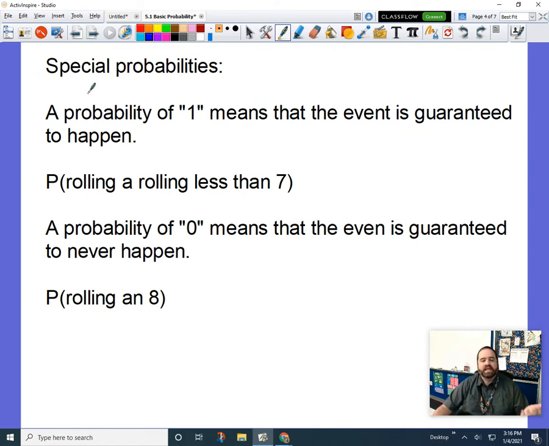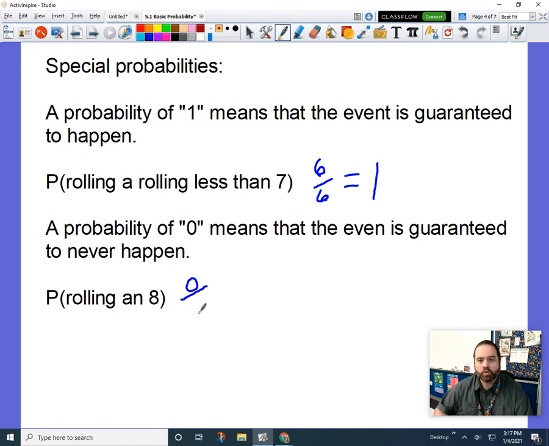And that leads into this. If you consider that situation of rolling a die, I've got 6 possible outcomes: 1, 2, 3, 4, 5, 6. So the probability of rolling something less than 7, again, that's pretty much guaranteed. It's 6 out of 6, a probability of 1. Now, if this is just a regular die, what's the probability of rolling an 8? How many 8s are on that die? Well, I've never seen a single die that had an 8 on it.